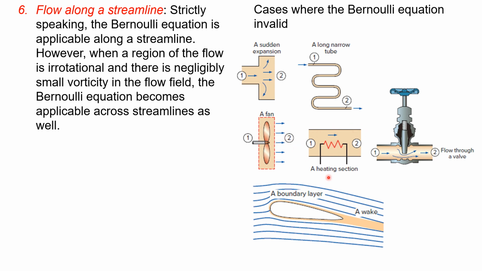A heating section, where heat transfer cannot be used. Flow through a valve, which is used to control the flow: you cannot use it unless the valve is fully open, so there is no effect on the flow, then you can use it. A wake, as we have seen earlier, sudden stops, sudden changes, sudden friction. Bernoulli's equation will be invalid in all these cases.